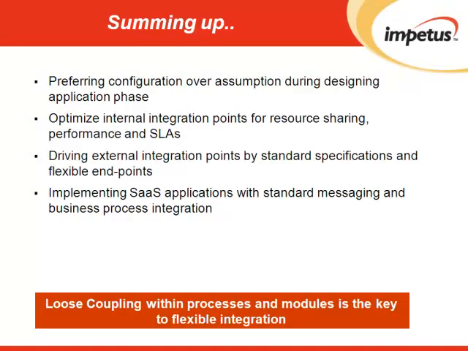Any enterprise would have standards-driven business processes and messaging. Now, in order to enable integration with such diverse systems, the usage of standard techniques and processes is very critical. We can use standard specifications like BPEL and jPDL for business integration.